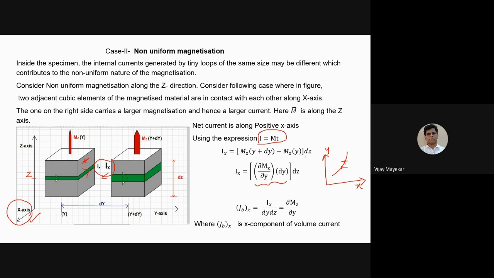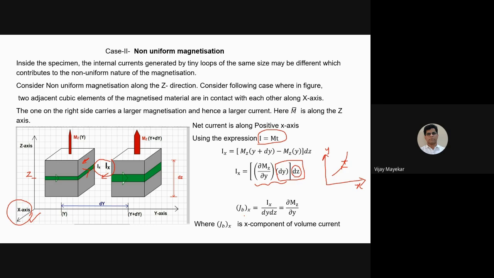When I take this thickness on the left hand side, I get Kb. But when I go for dy dz, that is the area, I get Jb, the volume current density. Why do we need volume current density? Because we are inside the magnetic specimen.